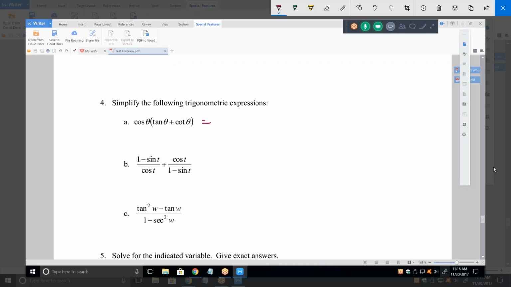So if I turn everything into sines and cosines, what do I get? That's already cosine. What's tangent of theta become? Sine over cosine. And cotangent of theta? Cosine over sine.